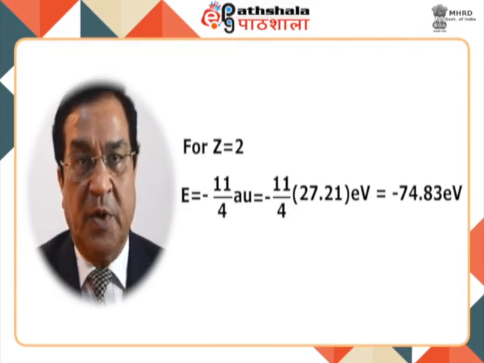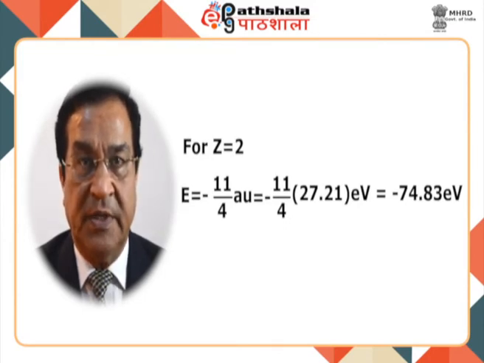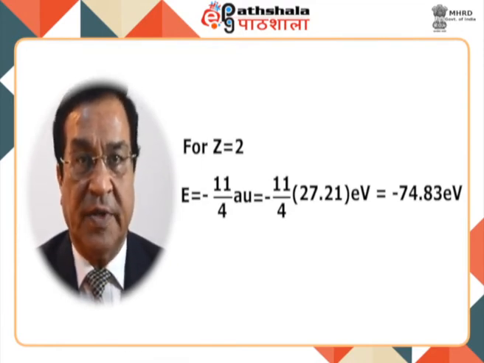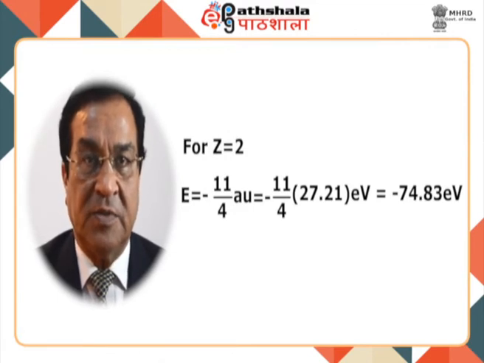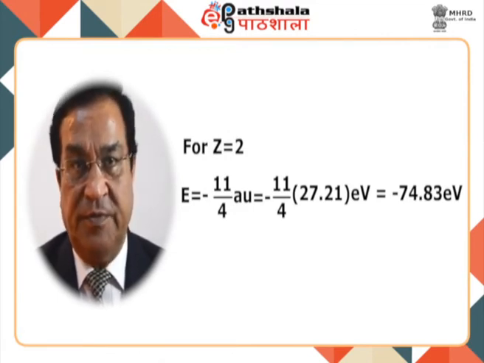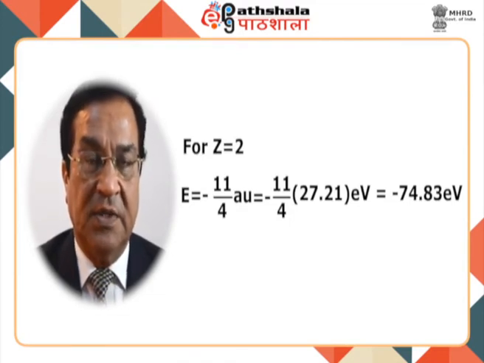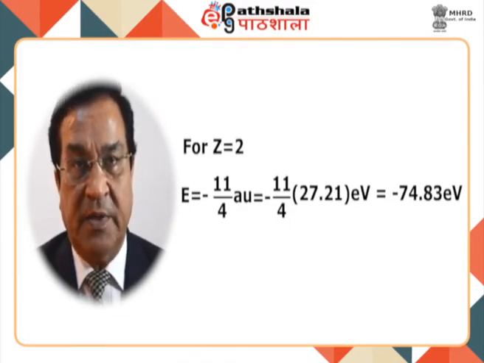Therefore, in this problem, we applied first-order perturbation theory and found the solution. And we can find out not only the first-order correction to the energy, but also the first-order correction to the wave function. Second problem which we studied was the problem of the helium atom.